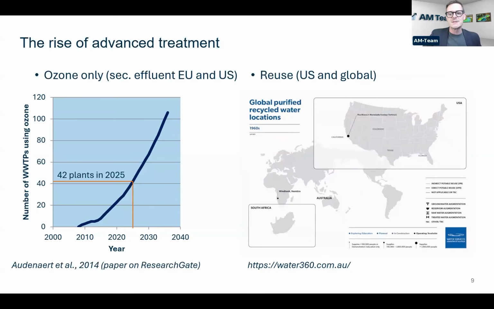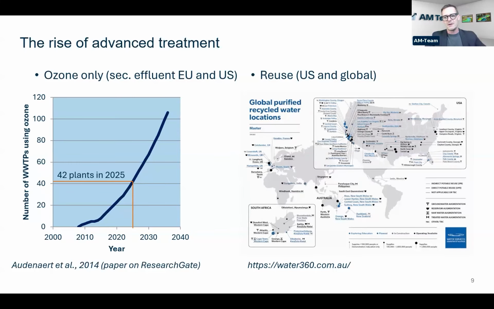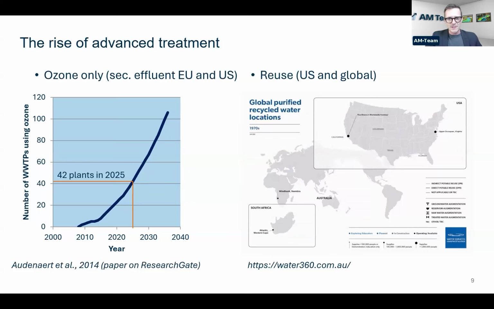Also in Europe, this is going to take off, no doubt, because we have some climate challenges. So interesting developments here on advanced treatments. It will become way more than secondary treatment, of course, and biological treatments. And of course, the link with drinking water will be made more and more and more.